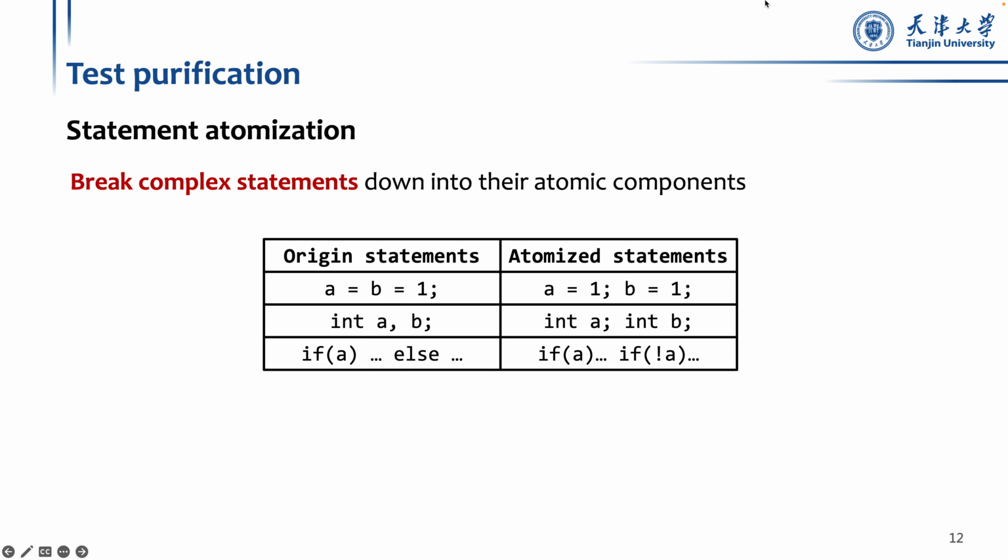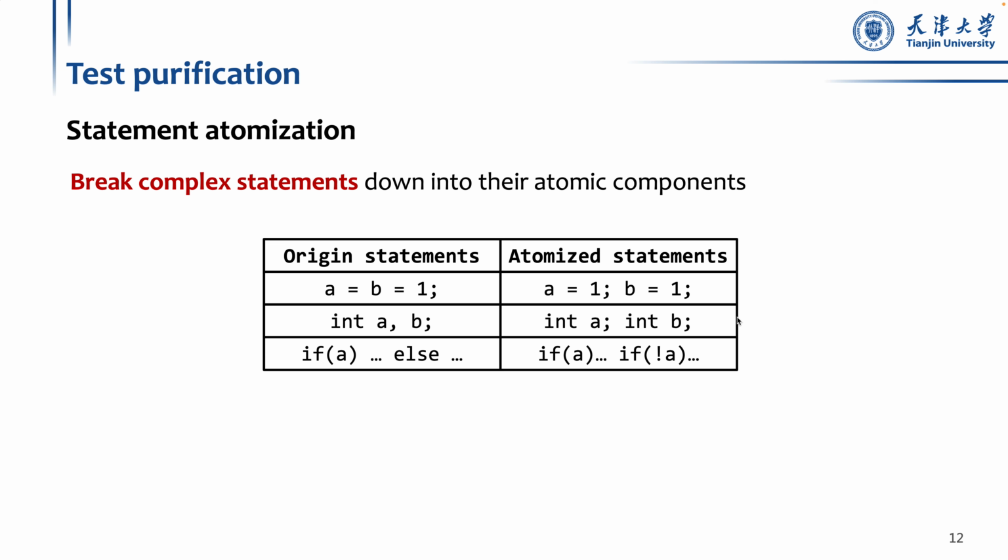To perform test purification, CLAST first applies what we call statement optimization. This step prevents syntax errors or accidental deletions when simplifying code later. It breaks down compound statements into smaller atomic ones. For example, if a statement declares multiple variables or uses chained assignments, CLAST splits them into individual simple statements.